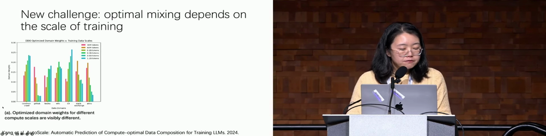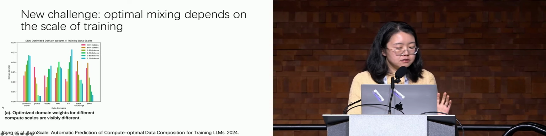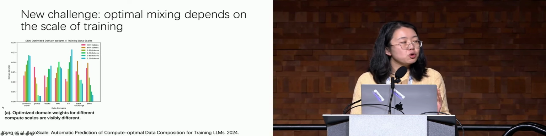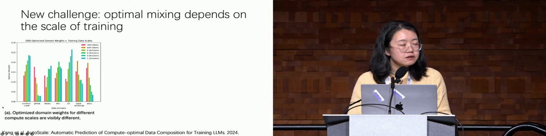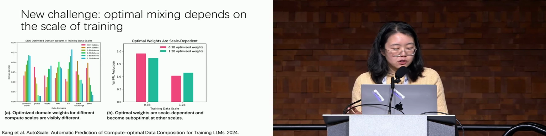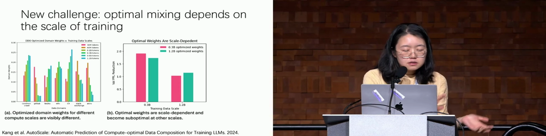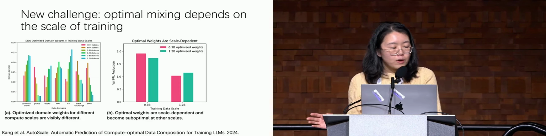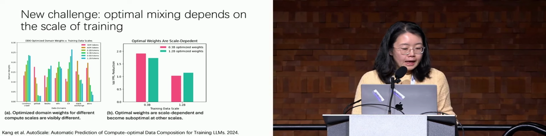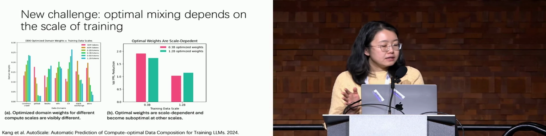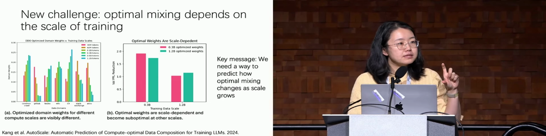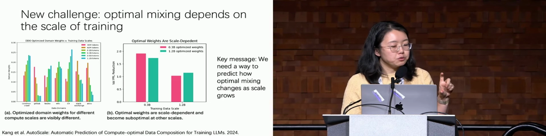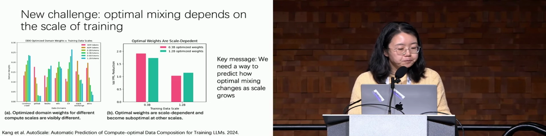So concretely, if you look at the figure on the left, which shows you the optimal mixing that is found for different scales. Different colors represent different data scales, all the way from 30 million tokens to 1.3 billion tokens. And each column represents different domains, and the height of the bar represents the optimal weight that we found for that domain.